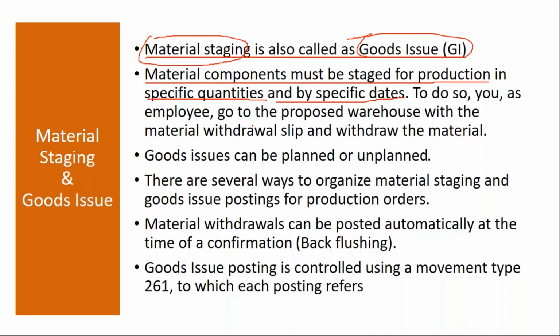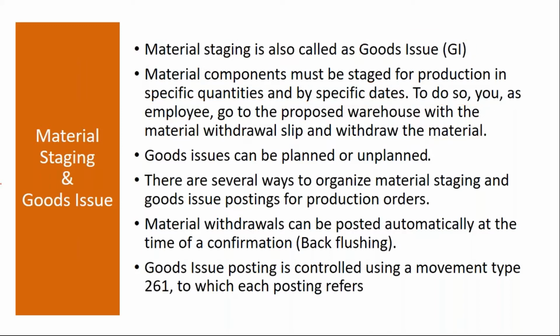Those raw materials or input materials, components, normally are taken from the warehouse. To do so, you as an employee go to the proposed warehouse with the material withdrawal slip and withdraw the material. Normally the production team will go to the warehouse and ask the warehouse team to issue all these raw materials, because all the raw materials will be stored in the warehouse.